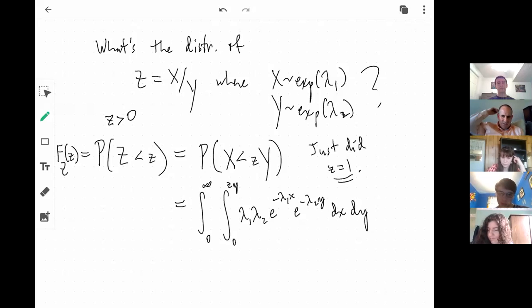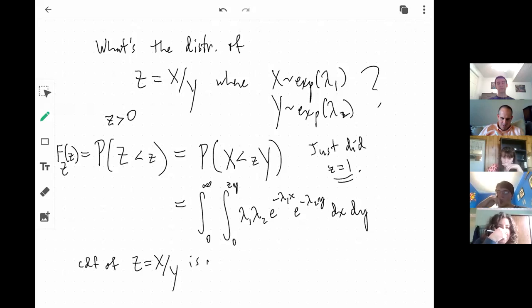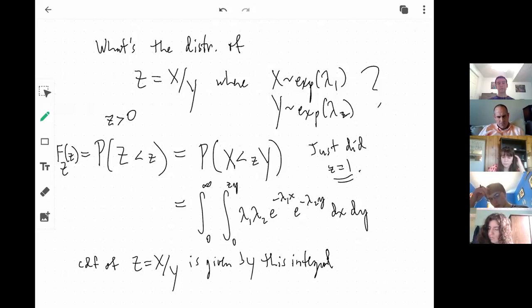So that would give me the CDF of capital Z. So the CDF of capital Z, which is equal to x over y, is given by this integral.